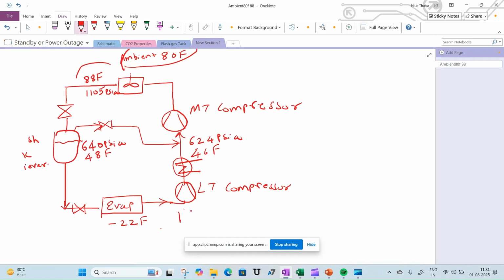So this will be 196 psia. So now imagine this compressor is off. This compressor is off.